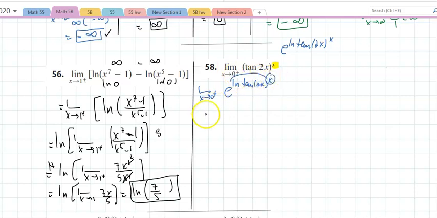Property of logs, you could move that up, and you could say that's e to the limit as x approaches 0 from the right of x natural log of the tangent of 2x.